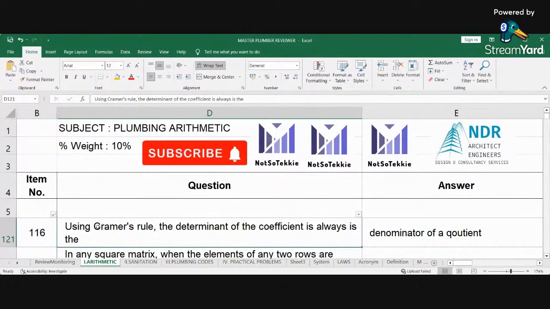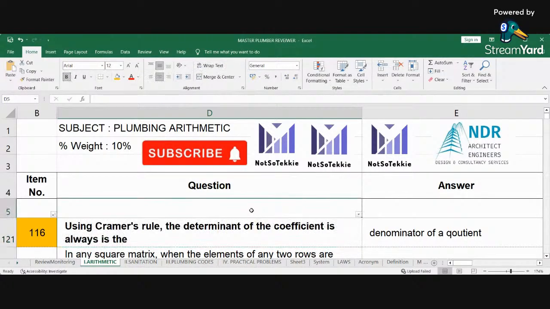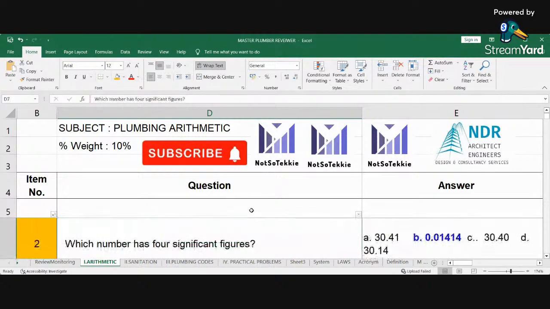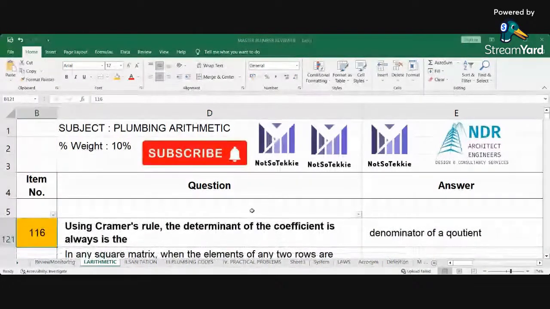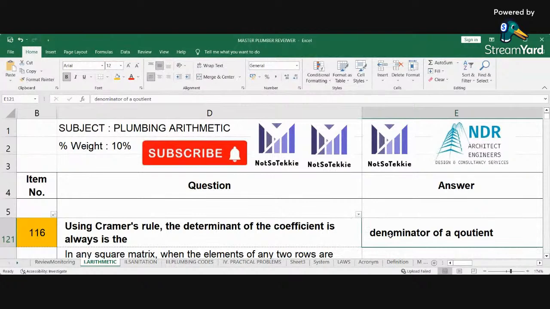116. Using Cramer's rule, the determinant of the coefficient is always the denominator of the quotient. Control F, buti na lang. May 116 tayo.